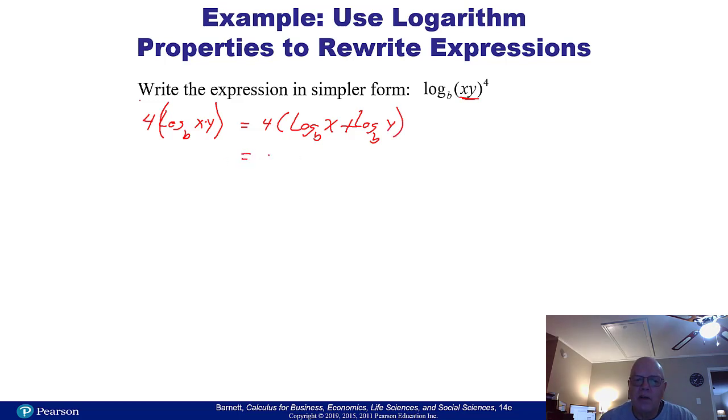And we can also finish up 4 log base b of x plus 4 log base b of y. And there's our simpler form.